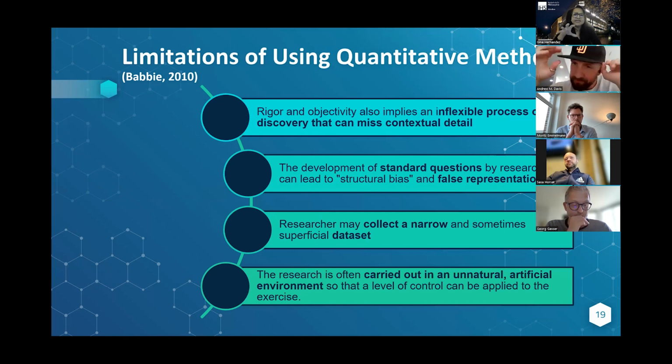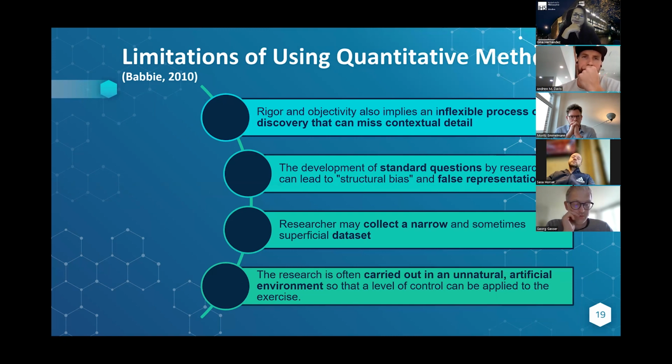And the development of standard questions by the researcher can lead to a structural bias, as we saw already, and false representations of the results. Also, researchers may collect just a narrow and superficial data set. Maybe your sample wasn't correctly picked, and maybe it was too small in order to be able to make these categorizations. So these are the risks that you have.